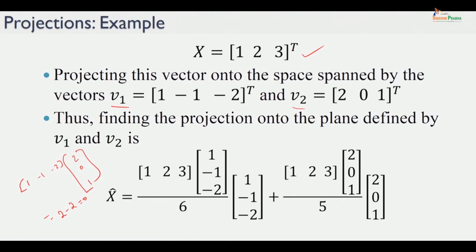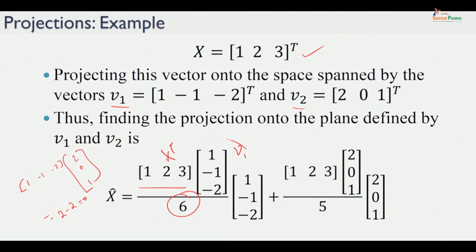Now, this formula is what we apply here. So, this is x transpose nu 1, which is 1 minus 1 minus 2, and this should be nu 1 transpose nu 1. So, that will be 1 squared plus 1 squared plus 2 squared. So, 1 plus 1 plus 4 is 6.